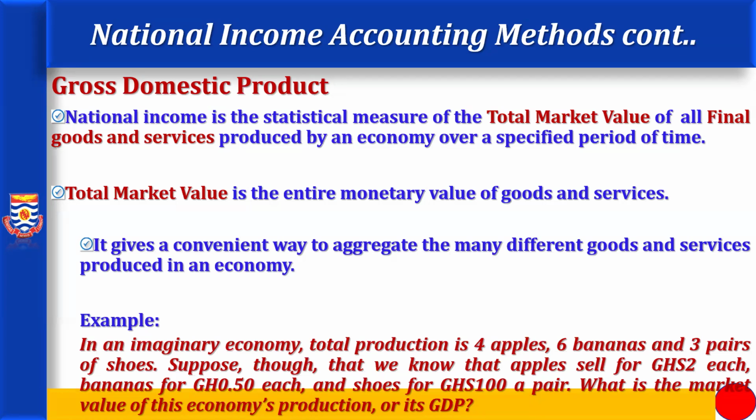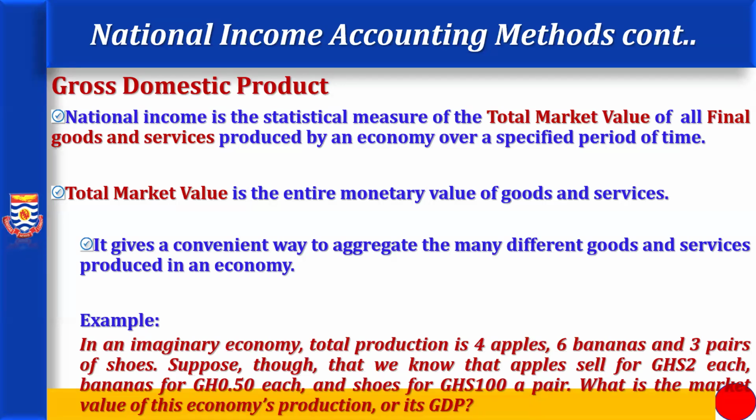If we measure economic activity by the total market value of the bread as well as the value of the flour, we would have done double counting. Double counting in the sense that, remember, the flour was used to produce the bread. So once we sell bread at, let's say, 10 cedis, the bread technically includes the value of the flour, because for somebody to sell bread at 10 cedis, the person would have taken into consideration the value of the flour that he or she used to produce the bread.